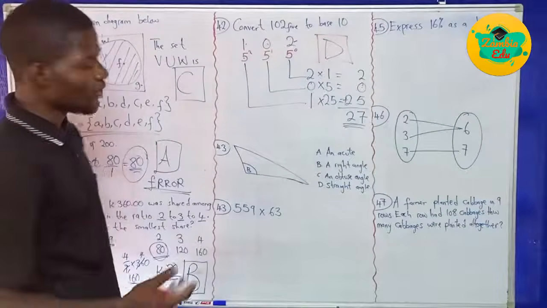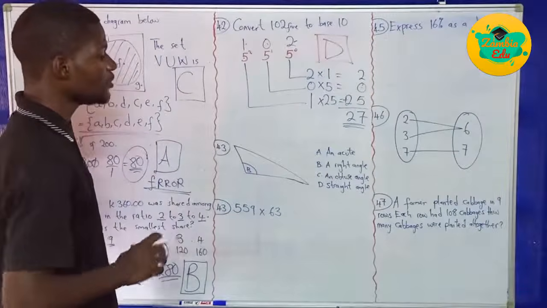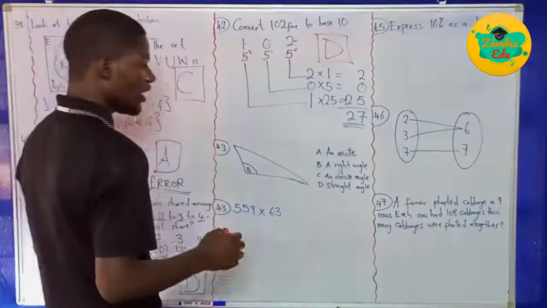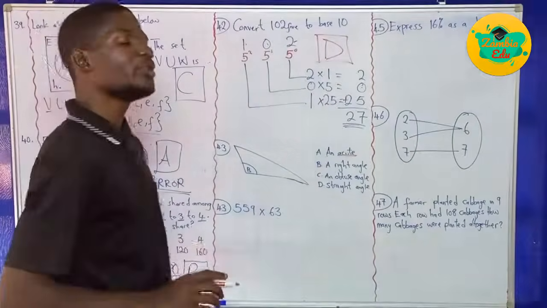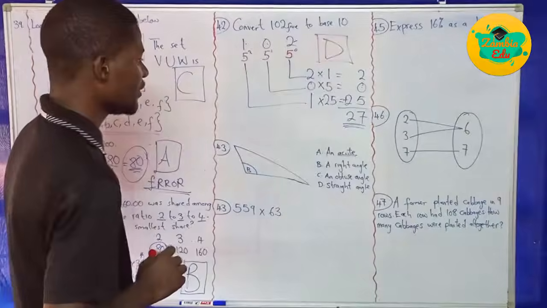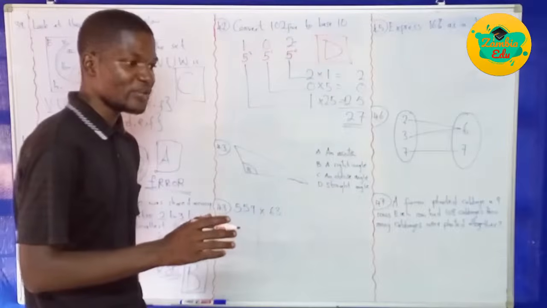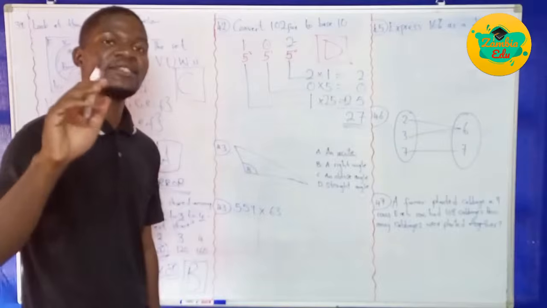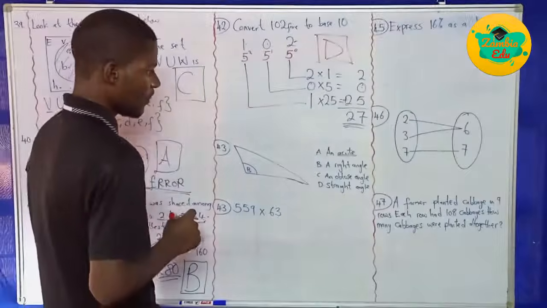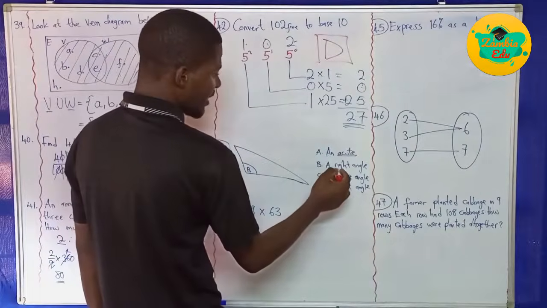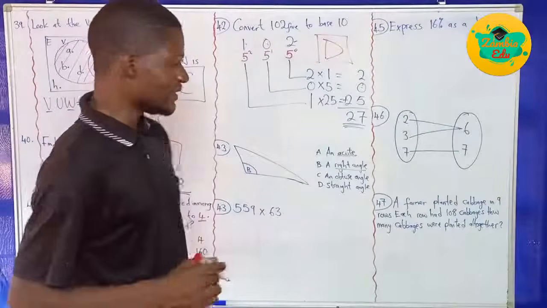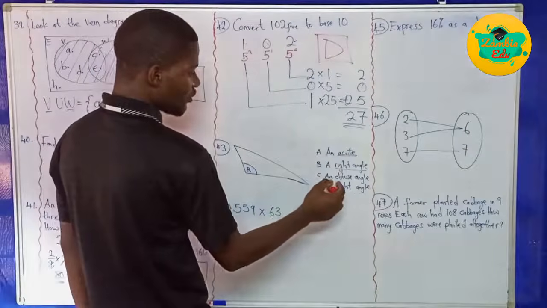For you to know the correct answer here, you must know what each of these answers are. The first one is an acute angle, and an acute angle is an angle between 0 and 90. So this is an angle which starts from 1, 2, 3, all the way to 89.9, because the moment it hits 90 degrees, it has become a right angle. And we come to B, which says right angle. A right angle is an angle which is exactly 90 degrees. And then we have C, which is obtuse angle.